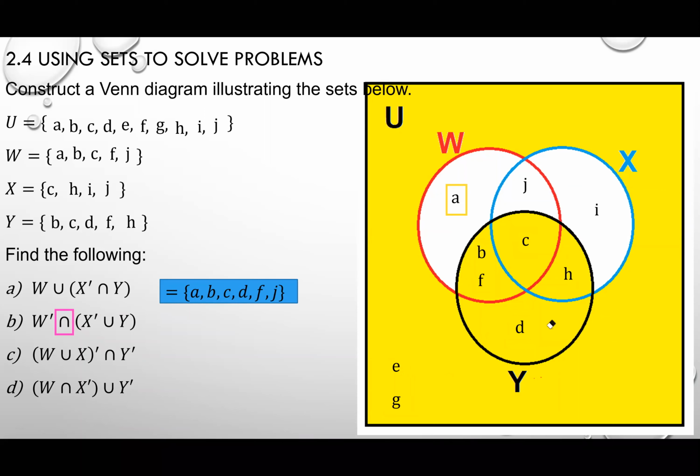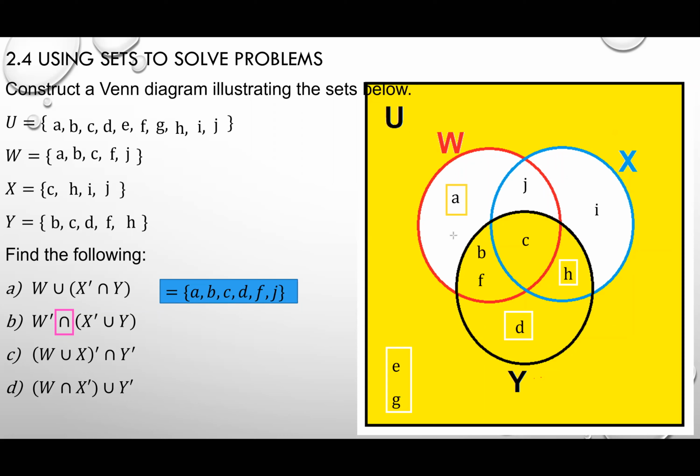Which of this yellow item that you shaded is outside of the W, right? Do you agree that this item is not in W, this item is not in W, this item is not in W? We don't care about the I because the I is not in yellow, right?